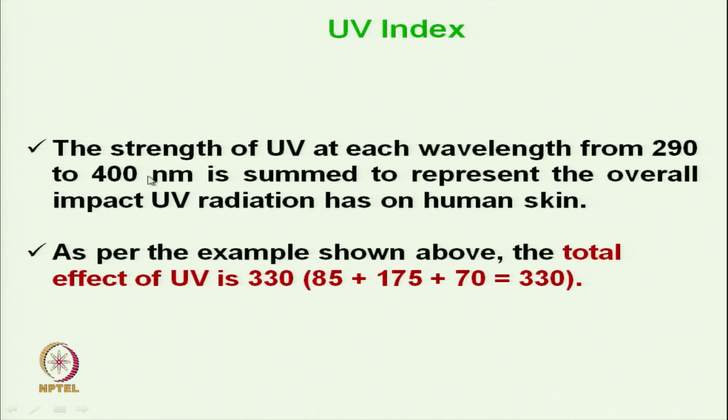So, we have to add the results. The strength of UV at each wavelength from 290 to 400 nanometer is summed up to represent the overall impact UV radiation has on the human skin. So, if we add, we will get 330 as the value.